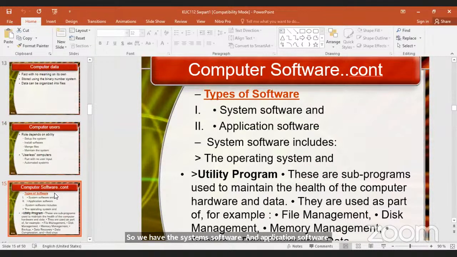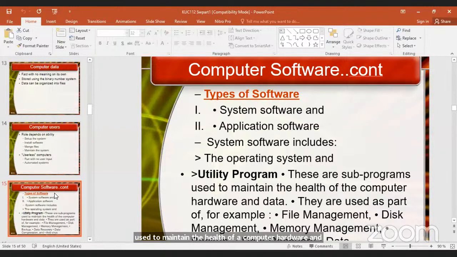System software, we say it includes the operating system. And also we have some utility programs that usually come with it. These utility programs are sub-programs that are used to maintain the health of a computer, hardware, and data.